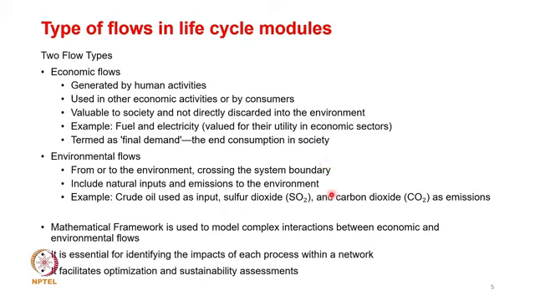Now look at the environmental flow. The key difference here is that it is from or to the environment, and it cuts across the system boundary. It moves across the system boundary, and includes natural inputs and emissions to the environment. For example, in the previous case, crude oil is used as an input, and sulfur dioxide and carbon dioxide are emissions.